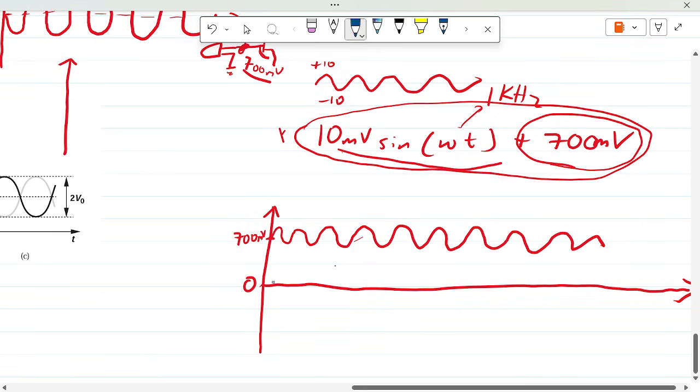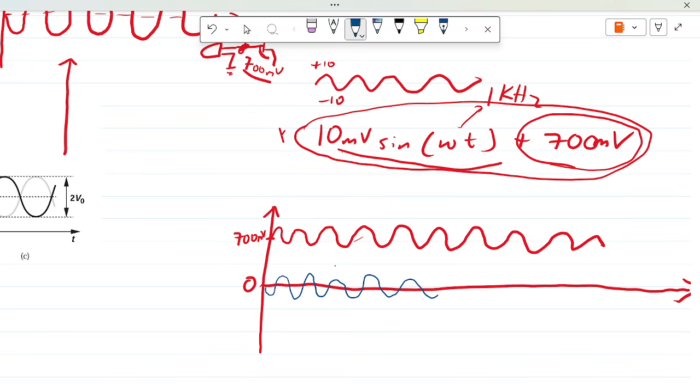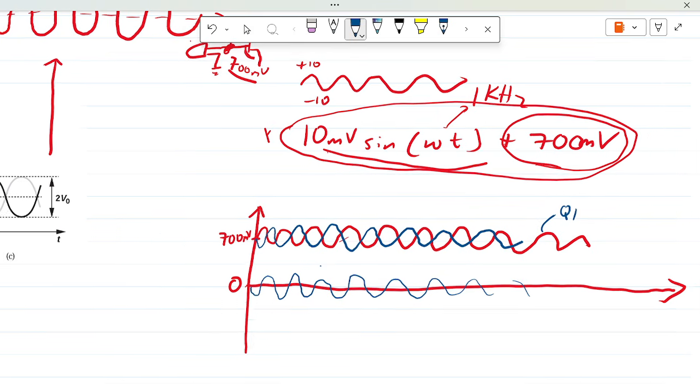So if the signal is here, then the two of them do not qualify to form a differential signal to the input. To qualify, this is going to Q1, and what is going to Q2 should look like this. And the two conditions are satisfied.